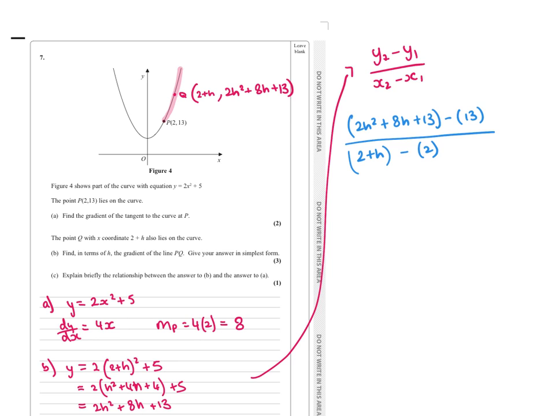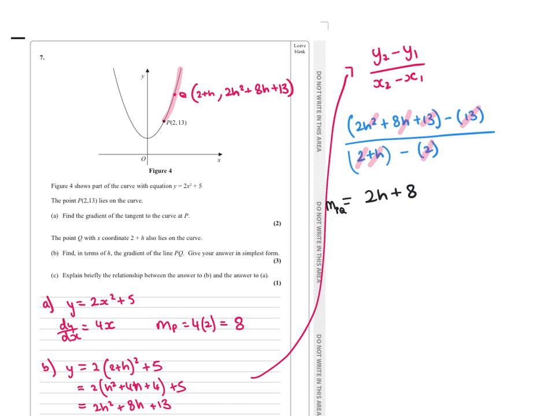So on the numerator, we know our 13s are going to cancel, our 2s are going to cancel, and we can then divide everything by h. So we're going to be left with 2h plus 8. So this is the gradient of the line PQ.